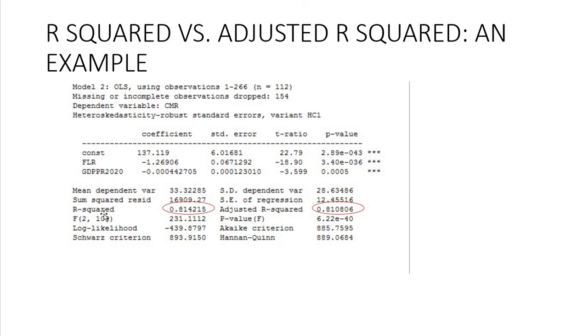So you can easily see, based on this estimation output, that R-squared is always bigger than adjusted R-squared if the number of explanatory variables is bigger than 1. Of course, in our case, we have only 2 independent variables, not accounting for the constant term. That's why the difference between those 2 indicators is not that noticeable. However, if you add more and more variables, it will become more and more significant.